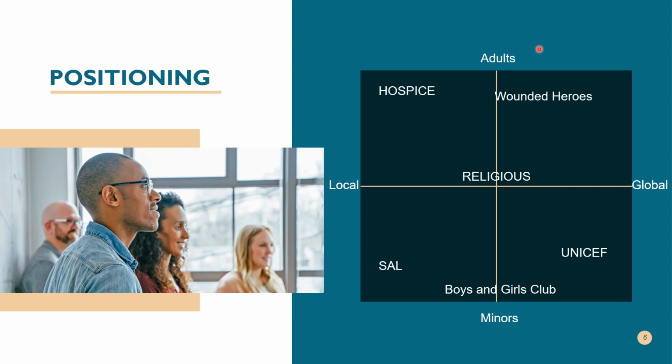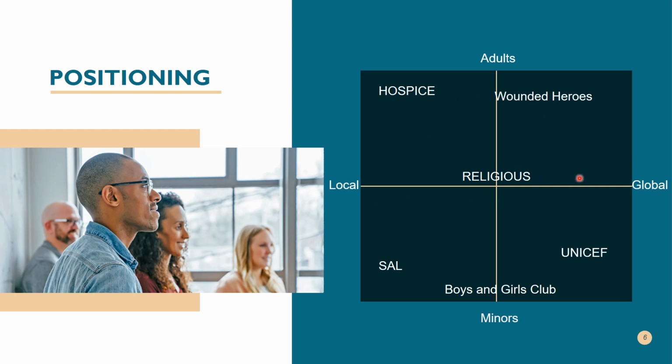So where would your nonprofit fall on this chart? Where would it fall on this graph? Now, like I said, you don't have to use these two main attributes of location and age, but you could do things like the monthly prices of this versus reach versus whatever two attributes you may think of.